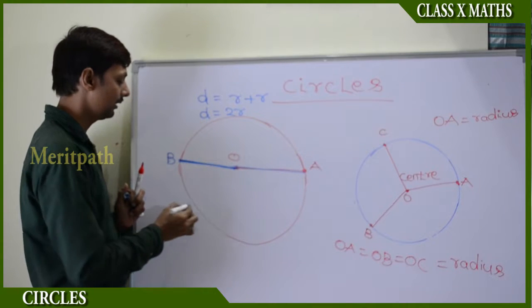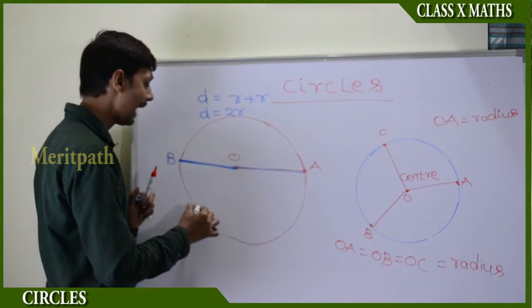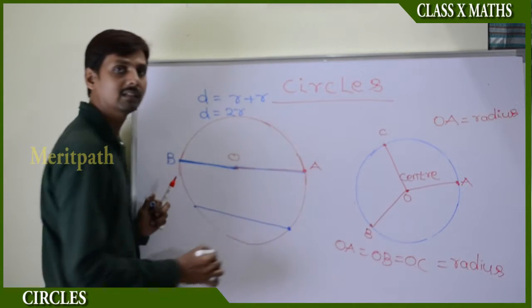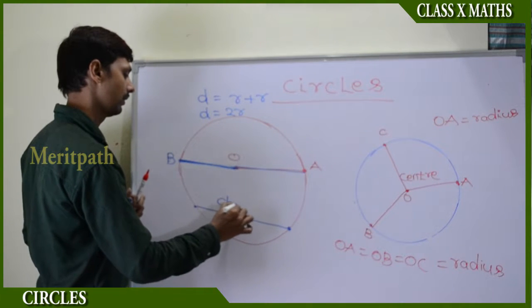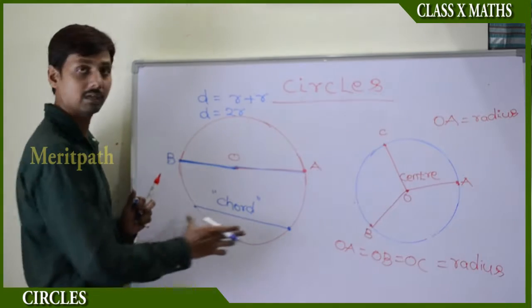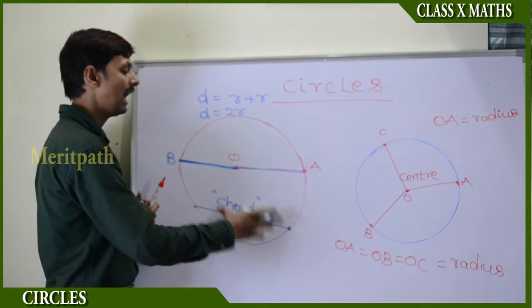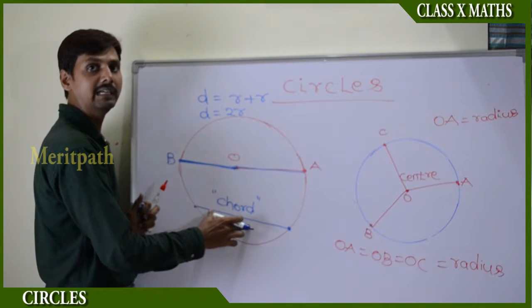And when we take any point on the circle and join it with another point on the circle, this is a chord of the circle. And when we take this chord above, the size increases.